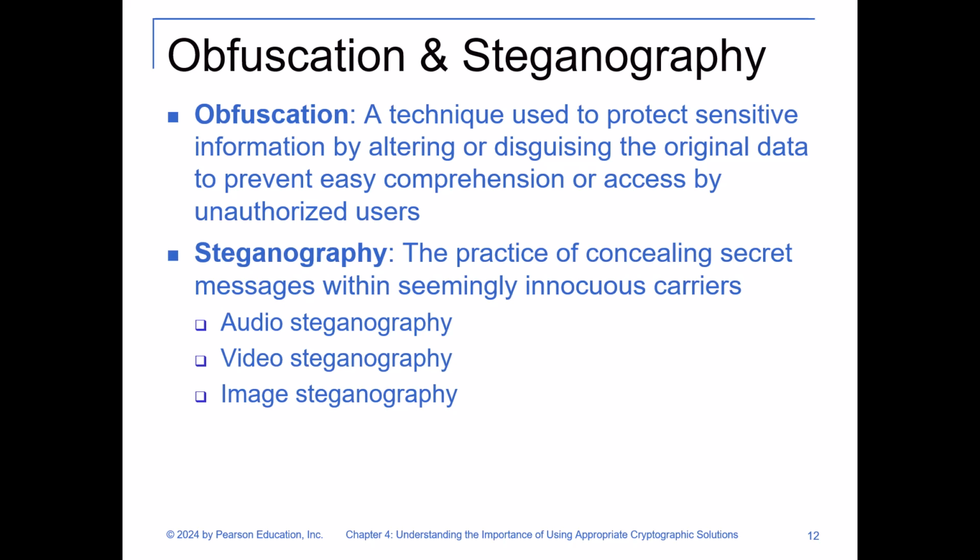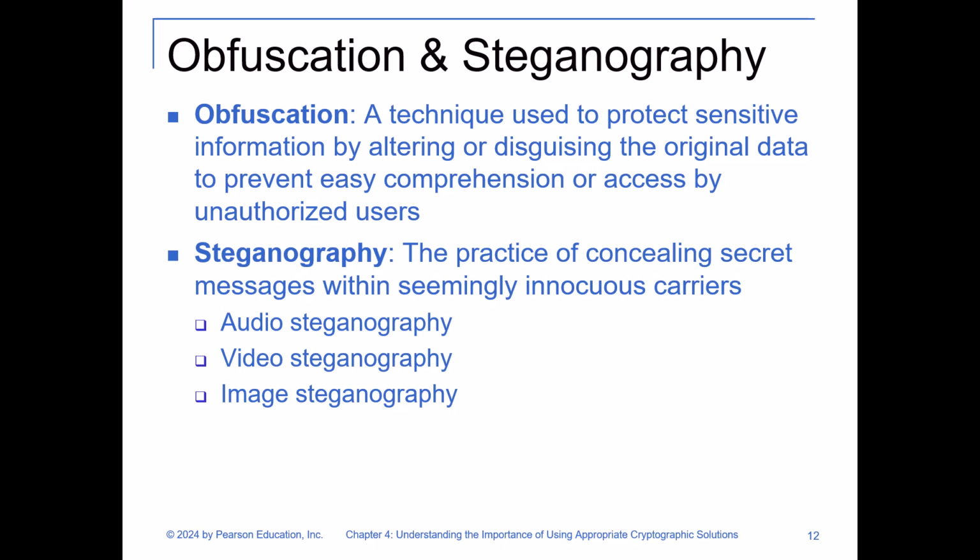Obfuscation is a technique used to protect sensitive information by disguising it. Normally, it will go through a process so that the original data is not as readable. Steganography is the practice of concealing a message in something else, like a photo or audio message. Could be a video.